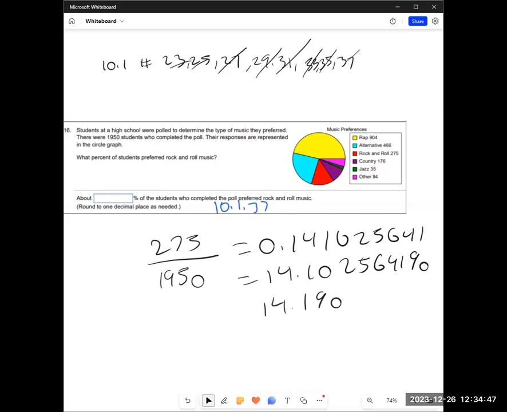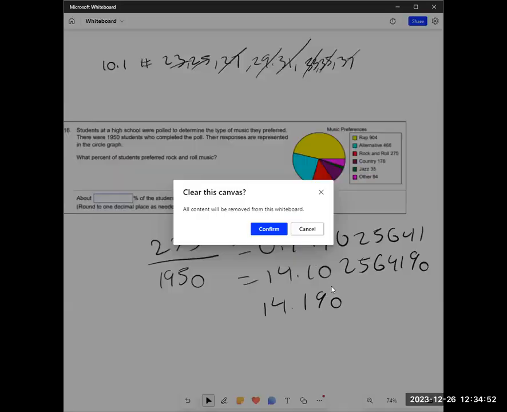I have one more problem here for this section. Let's clear all this. Population of a country has been decreasing for several decades. In 1990, the population was about 159 million. In 2010, the population was about 155 million.